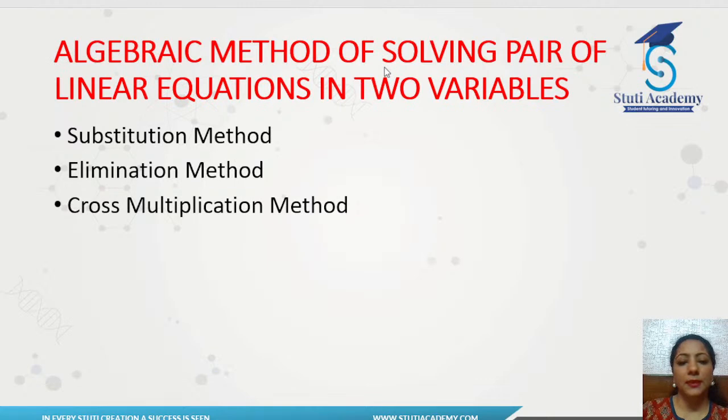One is the graphical method. That means we draw graph of both the equations on a single Cartesian plane, and wherever the graphs are meeting, that means the lines are intersecting, that point of intersection is solution of both the equations. So this we discussed in the very first class.